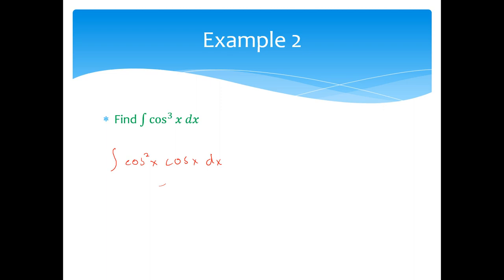If we use sine square of x plus cosine square of x is equal to 1, then cosine square of x would be equal to 1 minus sine square of x.